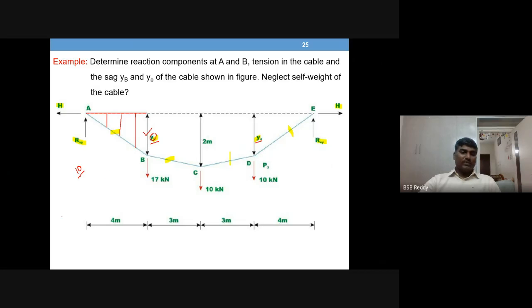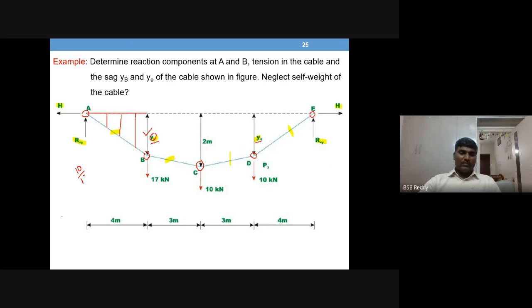So you have 10 unknowns, and joint A, joint B, joint C, joint D, and joint E. So total 5 joints. At each joint we can write two equilibrium equations, sigma Fx equals 0, sigma Fy equals 0.